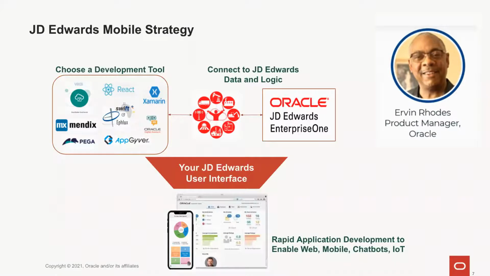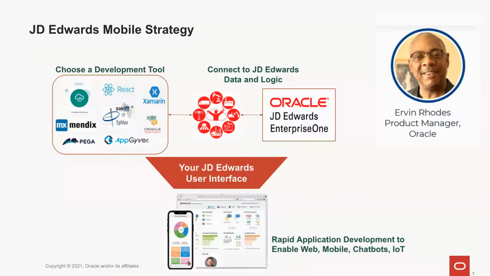And then this is the way to connect to your JD Edwards interface and have a mobile app or a web app. And I just want to mention too that this model is not just for mobility, but it's also for web development, chatbot, and the likes.